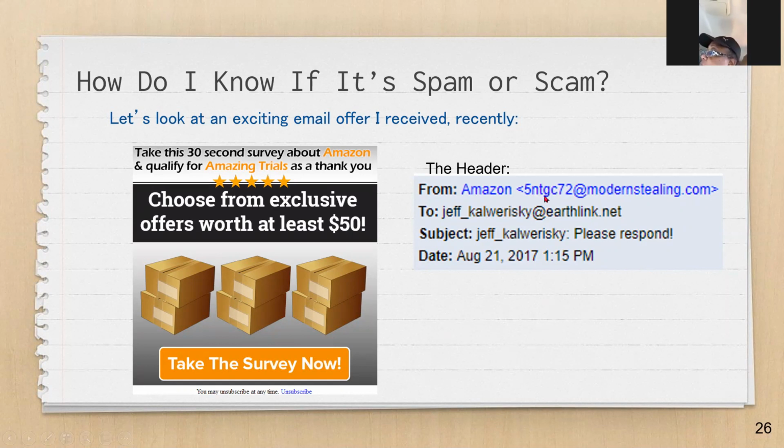Yes. Now, why do people fall for this junk? Because it says here Amazon. You see where it says Amazon? But like I'm telling you now, that stuff to the left of the left arrow is just a nickname. They can make up anything they like. And most people just look at this first word, it says Amazon, and say, aha, this must be from Amazon. And they click on this picture.